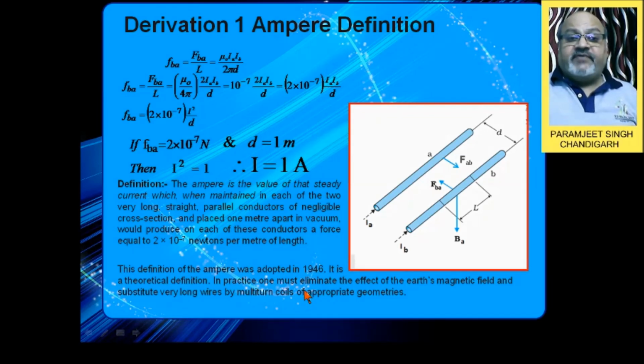That will also affect the formula. So this definition is theoretical, not practical. Practically we adopt the definition that 1 ampere current is when 1 coulomb charge flows in 1 second through any cross section of the wire or conductor.